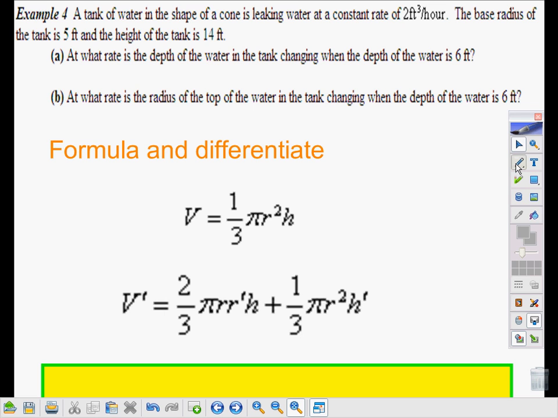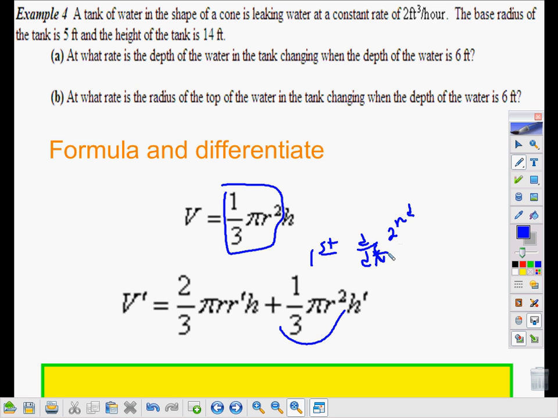Okay? So let me run through that in case you need it. They actually do it backwards. The first is right here, times the derivative of h, which is h prime. So this is first times derivative of second.